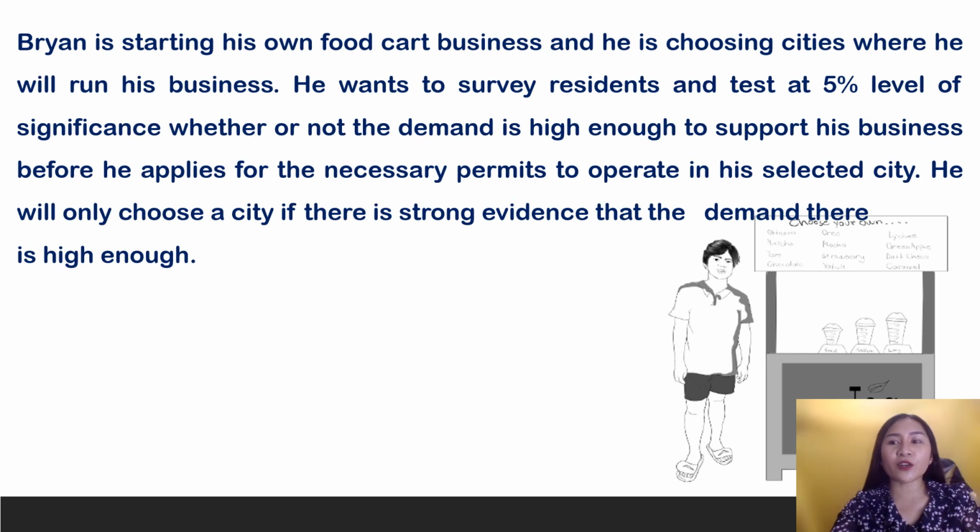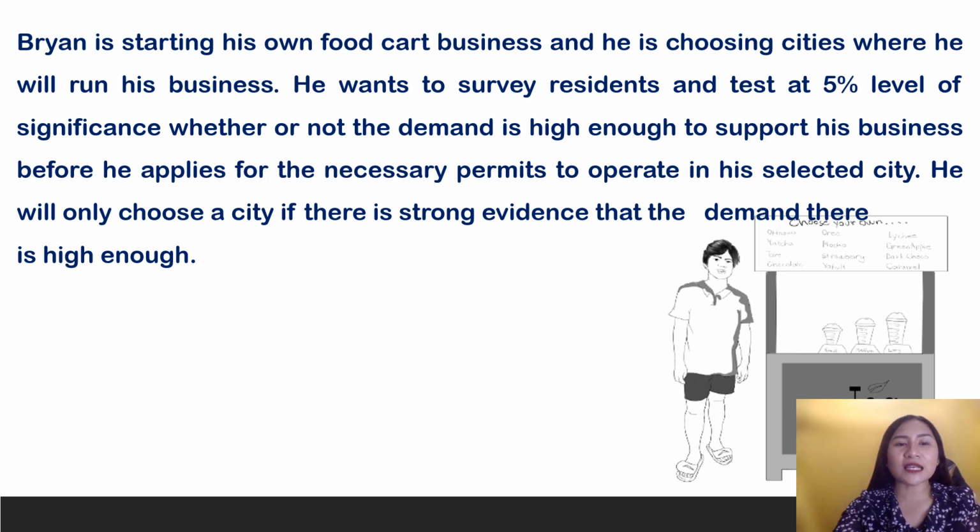This time I have this scenario that is also relatable in my personal experience, since I have known someone who just opened a food cart business. Brian is starting his own food cart business, and he is choosing cities where he will run his business. He wants to survey residents and test at 5% level of significance whether or not the demand is high enough to support his business before he applies for the necessary permits to operate in his selected city.